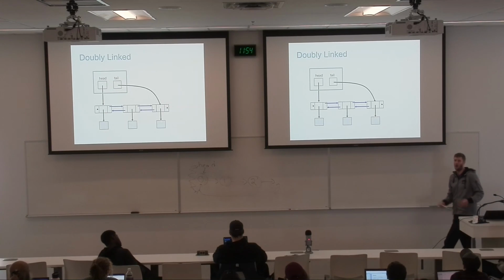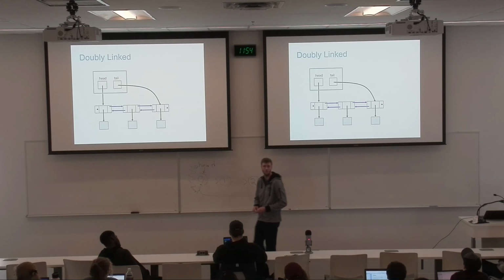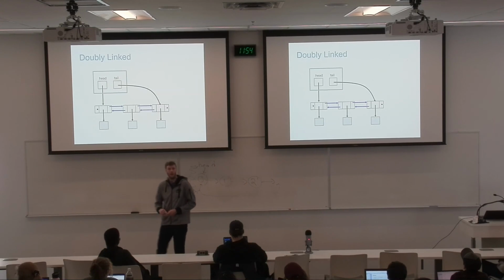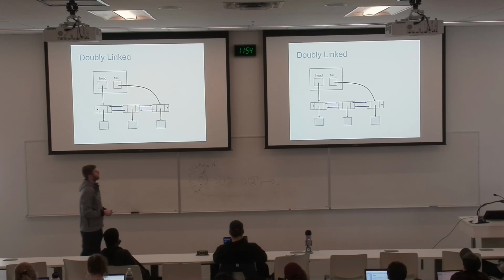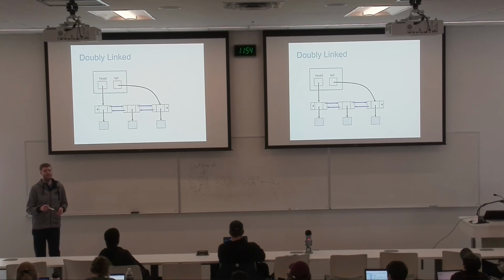Doubly linked lists are absolutely a thing. There's nothing stopping us from doing this. In this case, I can get to any node's next and any node's previous. Basically, each doubly linked list node has three things: the data, its next, and its previous.